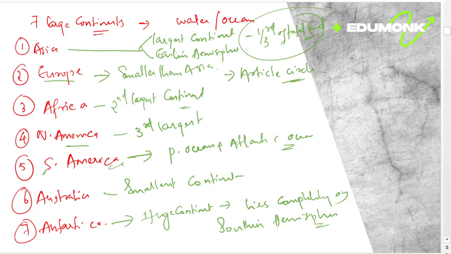Then we have to understand the oceans in our world. There are five major oceans. First one is Pacific Ocean.